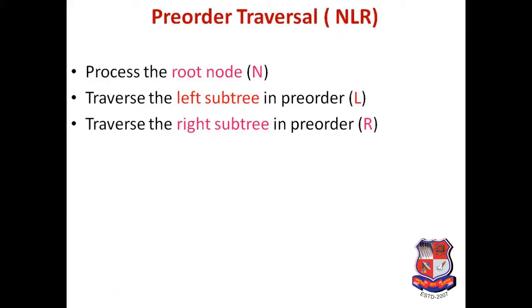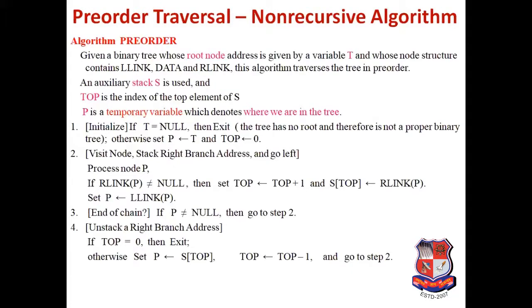We will discuss the non-recursive approach for pre-order traversal. So we'll start with the algorithm of pre-order traversal using the non-recursive approach. We are given a binary tree whose root node address is given by the variable T and a node structure that contains left link, data and right link.